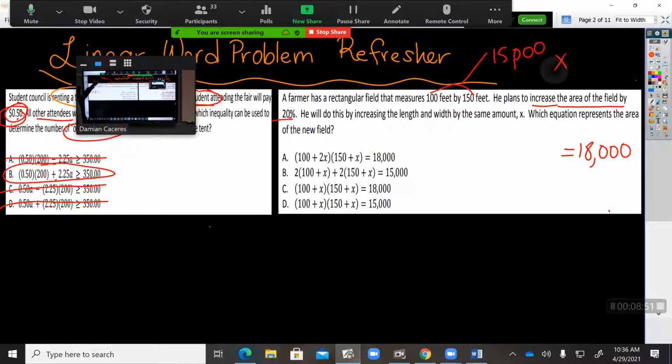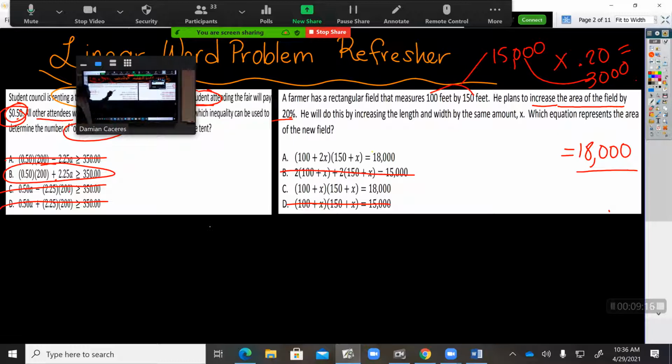So all you do is multiply 15,000 times 0.20. It gives you 3,000. And you add it to your original value to get 18,000. So because we know it has to be equal to 18,000, we know that we can eliminate answer choice B and we can eliminate answer choice D.